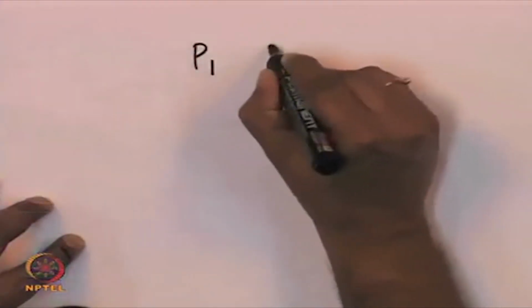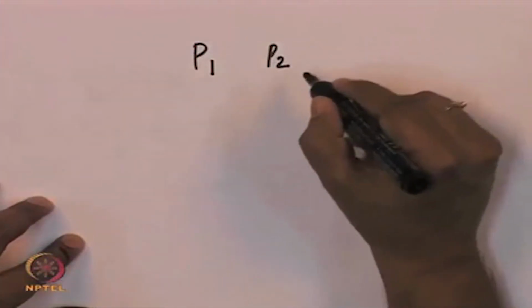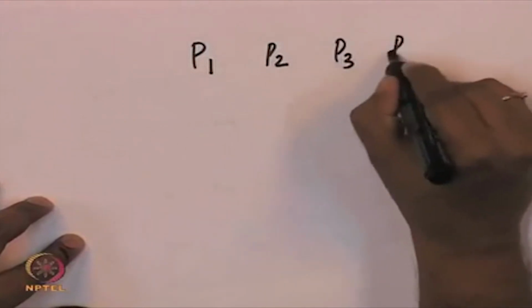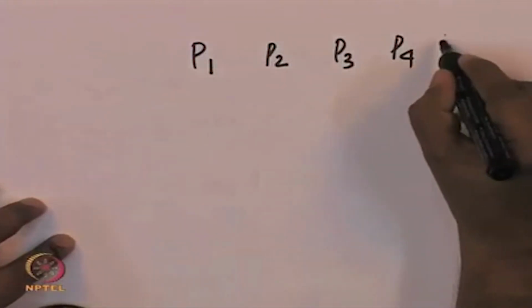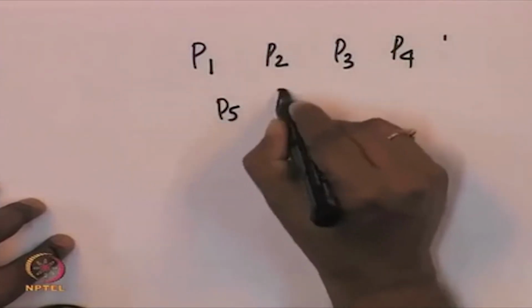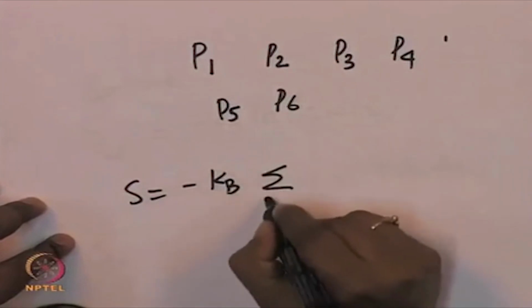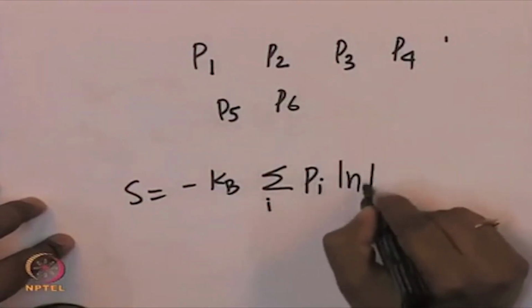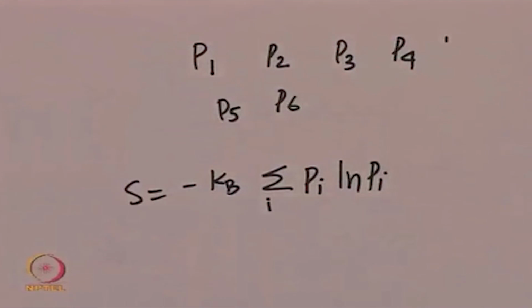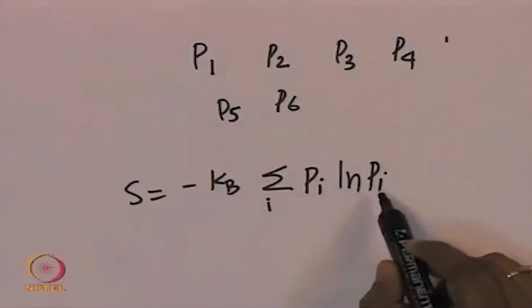If they are not equally probable, let us say head is more probable than tail, or it is a biased coin, or a die which has some bias, like the probability of 1 is different from the probability of 2, P3, the probability to have all of these is different. If they are different, then the entropy is given by this formula, S = minus k_B sum over i of P_i log P_i, where P_i is the probability to have state i.